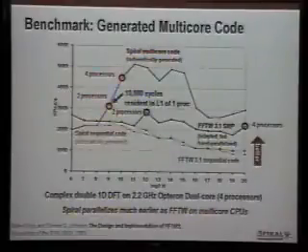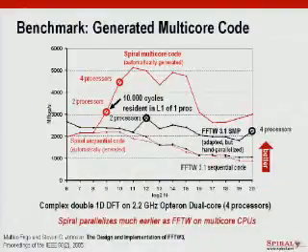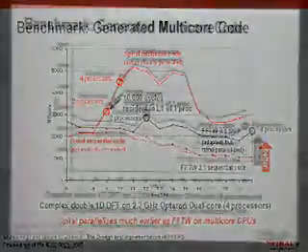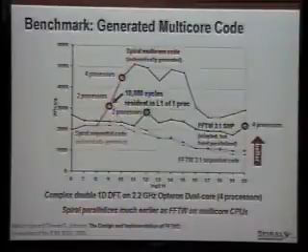So what I want to say is that here the problem size is resident in the level 1 cache of a single processor, and it runs for about 10,000 cycles only, and still we can get parallelization speedup. That shows that Spiral can really make use of the new multi-cores, where the communication-computation balance has shifted a little bit.